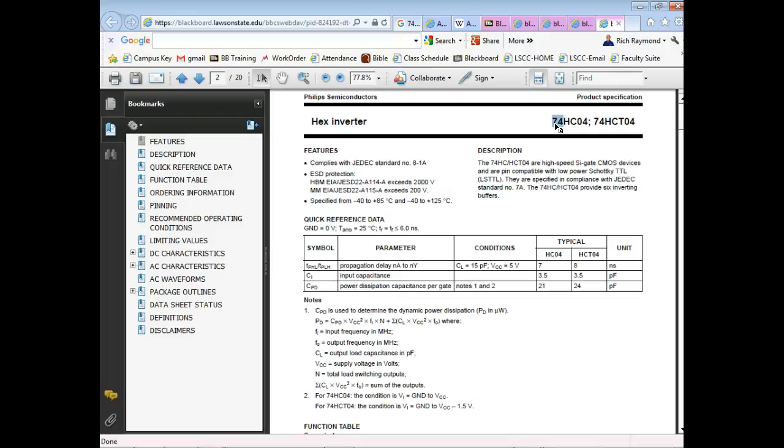So they had a whole new series. The 4000 series, by the way, is just about obsolete. You can still get them, but the HC has basically replaced the 4000 series. So you'll see a lot of 74HCs and 74HCTs because they consume less power. And we'll talk about the advantage later on.